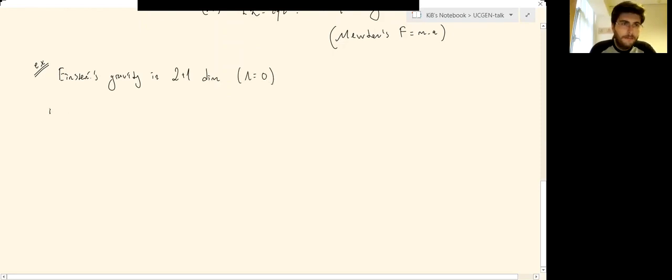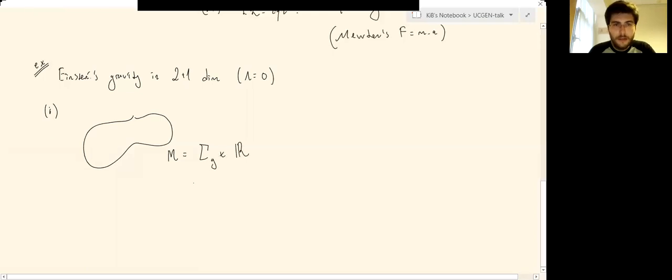Lambda is just the cosmological constant. Anyway, so we have a manifold like this, our base manifold, chosen in this very specific setup. So this Sigma_g is just a Riemann surface of genus greater than 1, for some reason. I'm not going into that much detail, but this is our example.